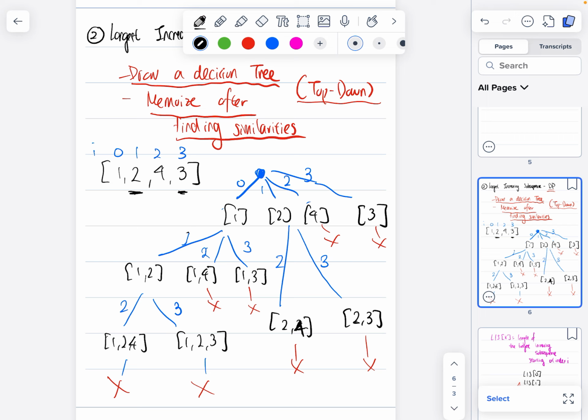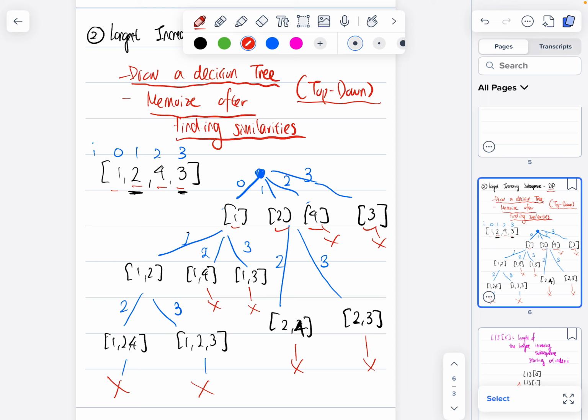Starting at the node, the blue things represent the index. So here 0 would have 1, and 1 would be 2, and 2 would be 4, and 3 would be 3. Does everyone see that? This is 1, 2, 4, 3. So at every point you can start out with 1, 2, 4, 3.